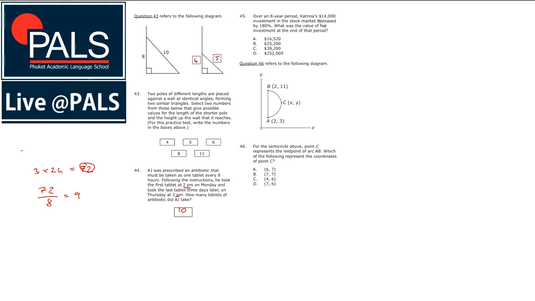Over an 8-year period, Katrina's $14,000 investment in stocks market increased by 180%. What was the value of her investment at the end of the period? But it increased, so we keep the original obviously, and then it increased by 180%.